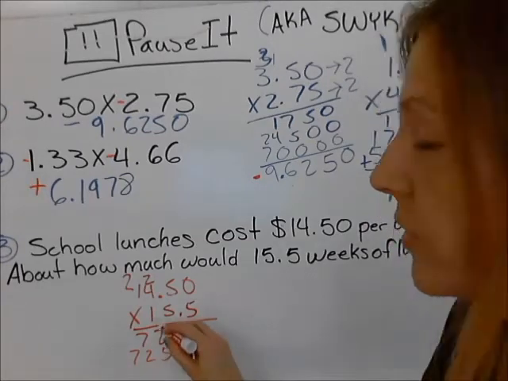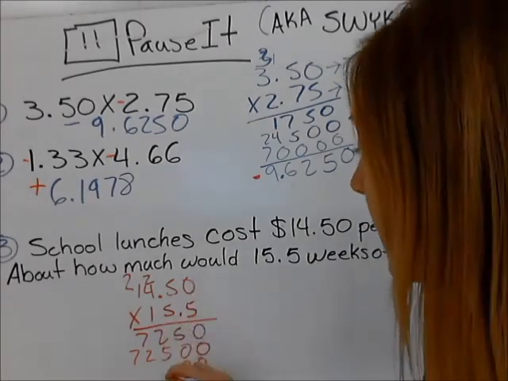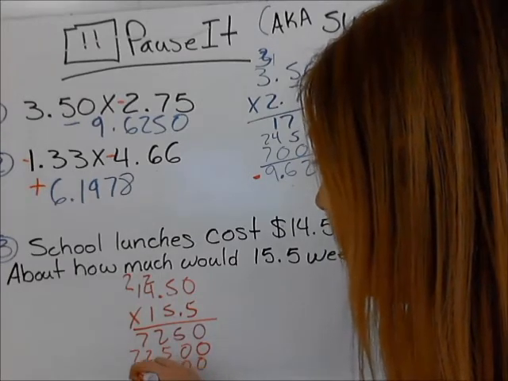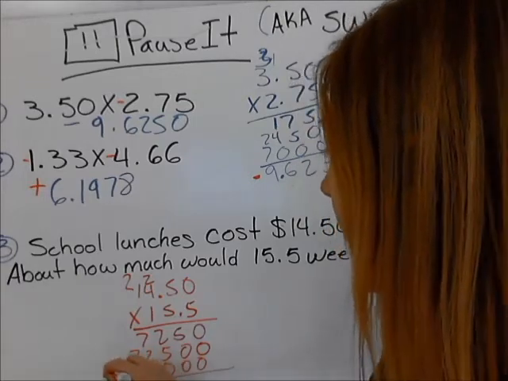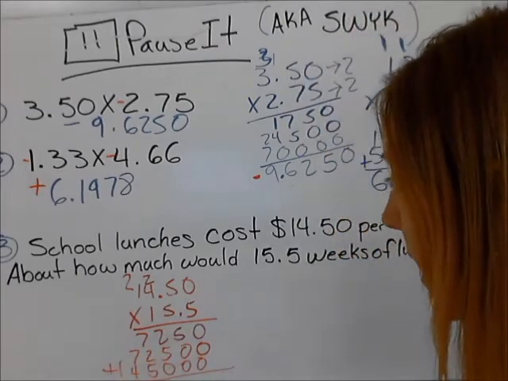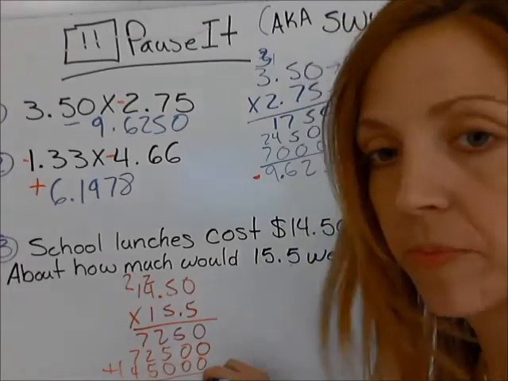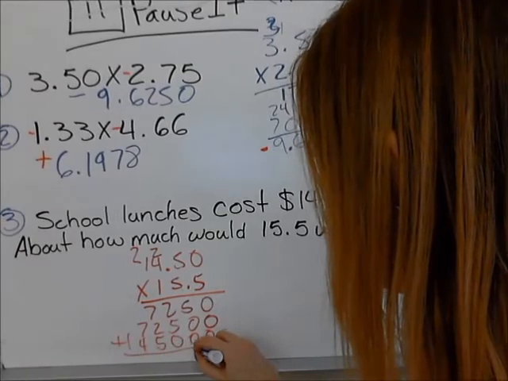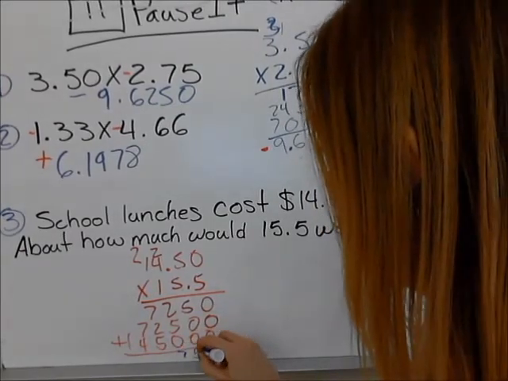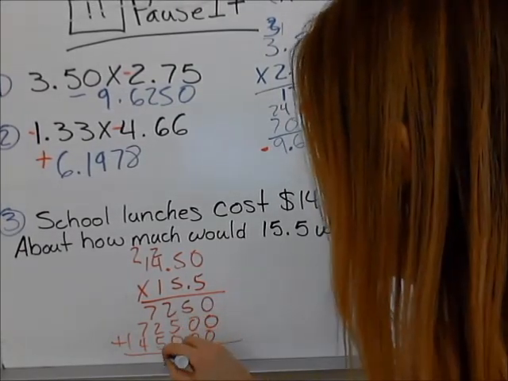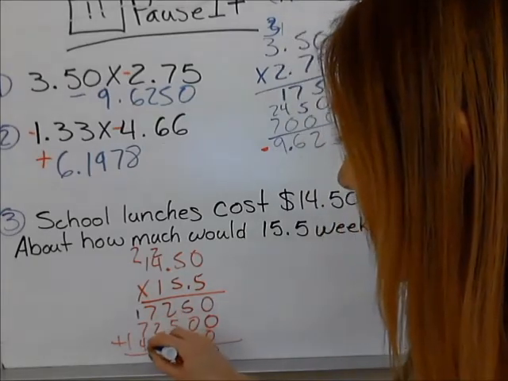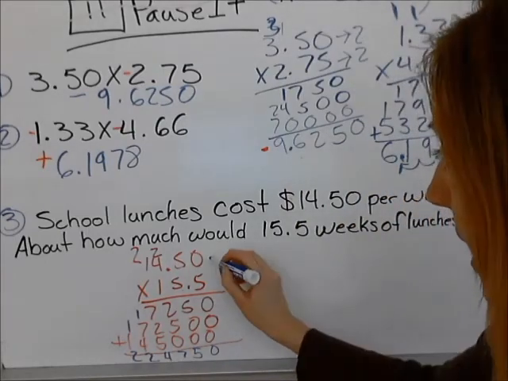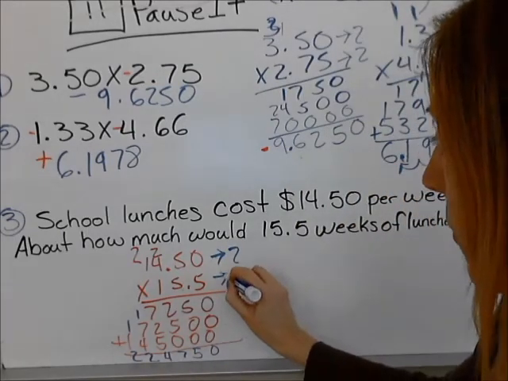All right, 2 placeholders, moving to the hundredths. 1 times everything above is going to just be that number. So 0, 5, 4, 1. Add it all up. We get 0, 5, 7, 14, 12, 2, and I have 2 decimal places here and 1 here.